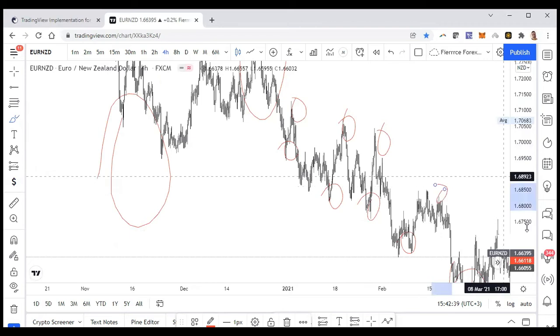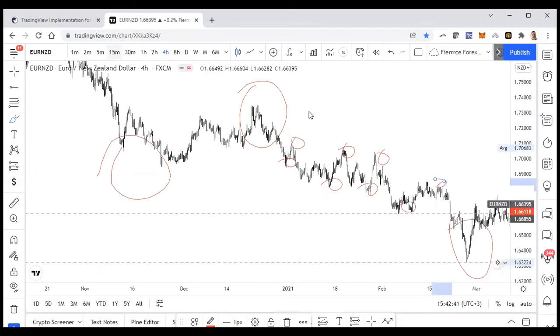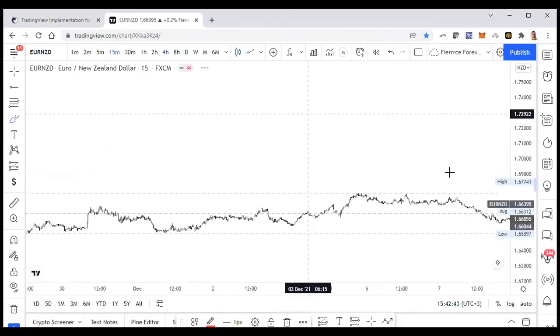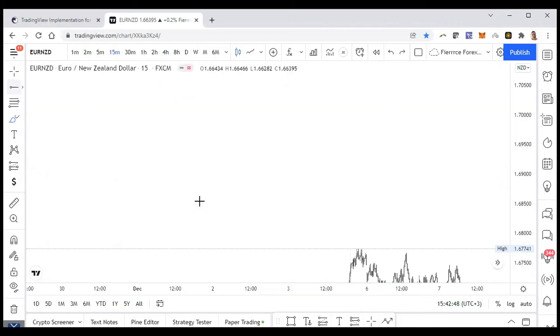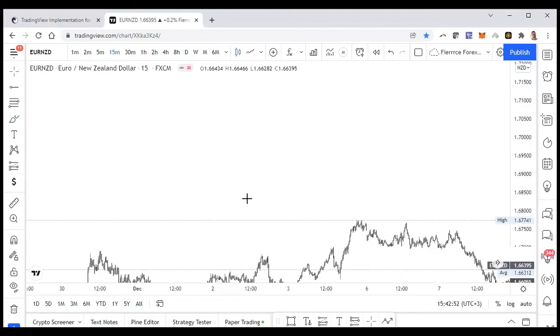And if I was to go, let's say, on a 15-minute chart, hopefully it will show me what I'm trying to explain.